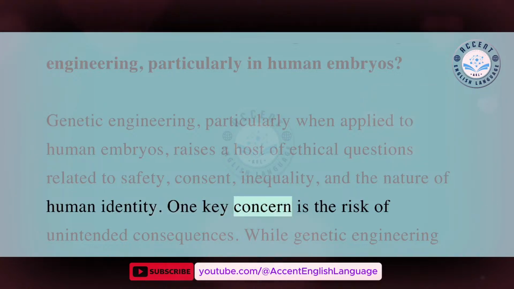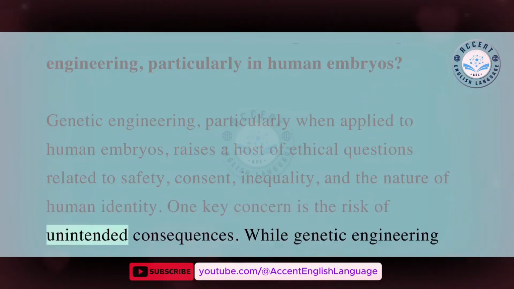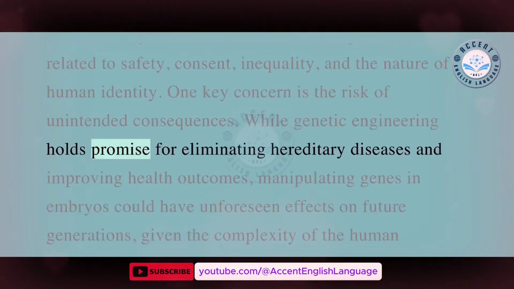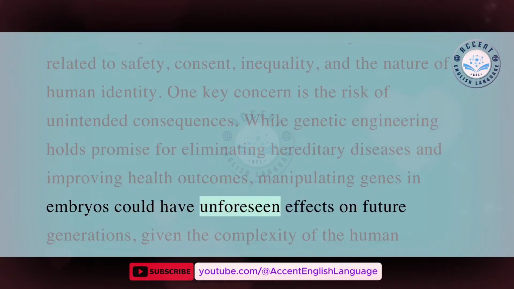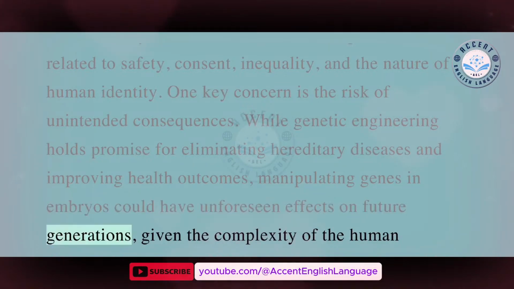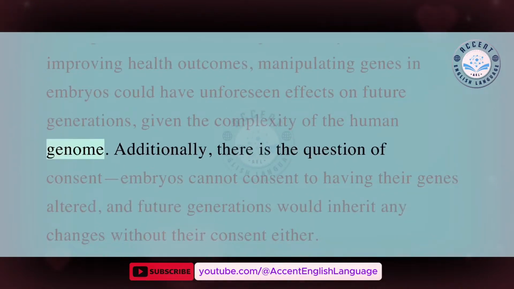One key concern is the risk of unintended consequences. While genetic engineering holds promise for eliminating hereditary diseases and improving health outcomes, manipulating genes in embryos could have unforeseen effects on future generations, given the complexity of the human genome.